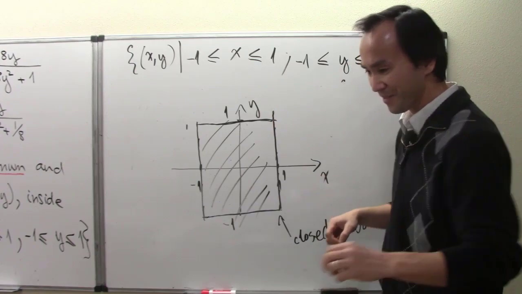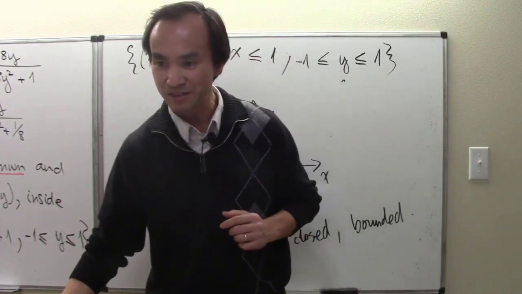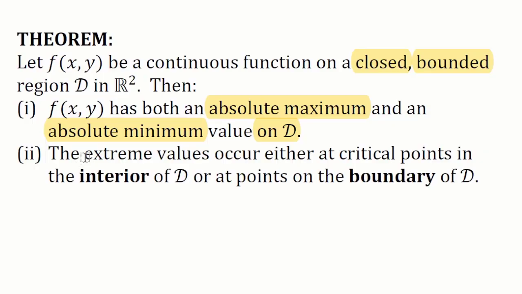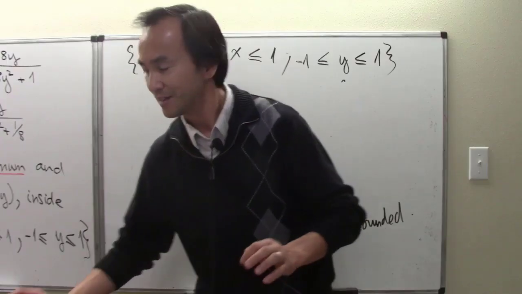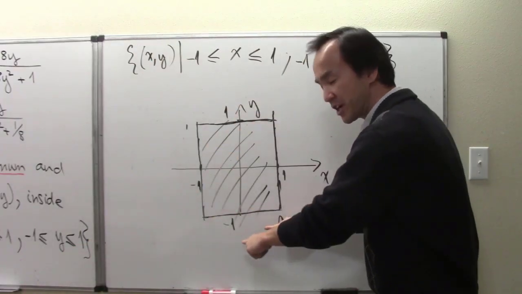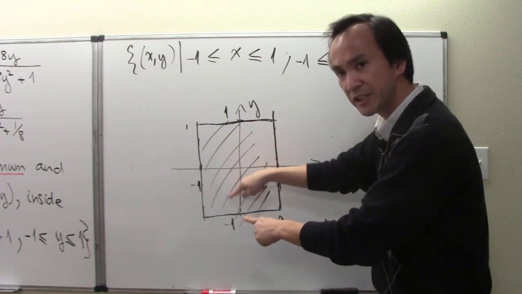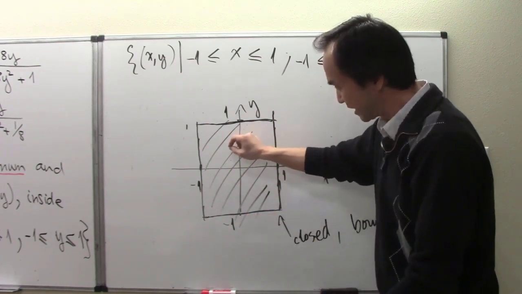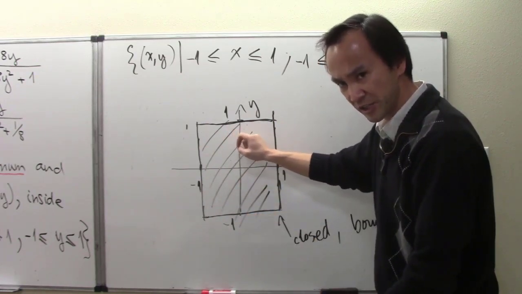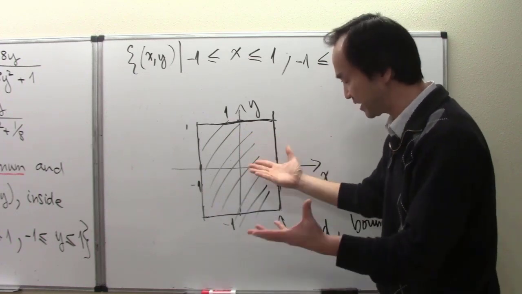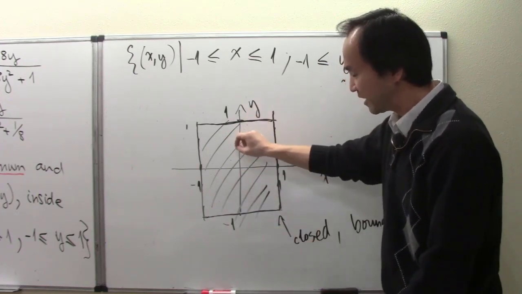That's why the next statement of the theorem says the extreme values occur either at critical points in the interior. See, in a closed and bounded region, those points in here are called interior. If you grab any standard calculus textbook, it will have a clear definition of what an interior point is.